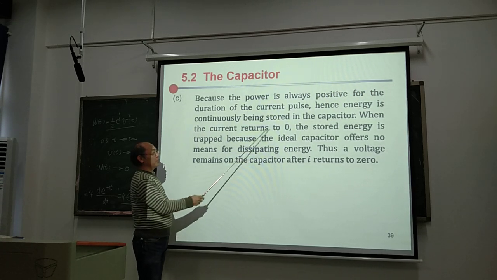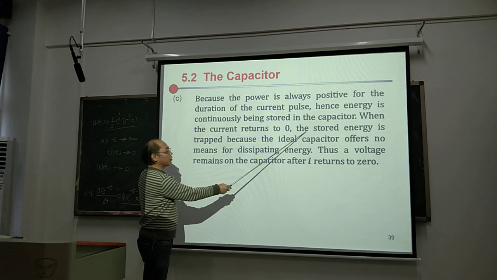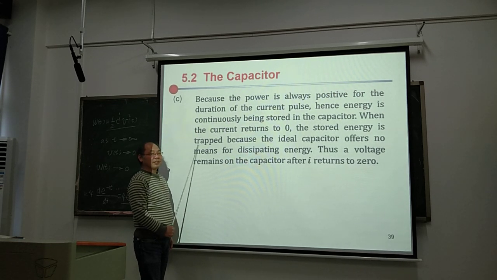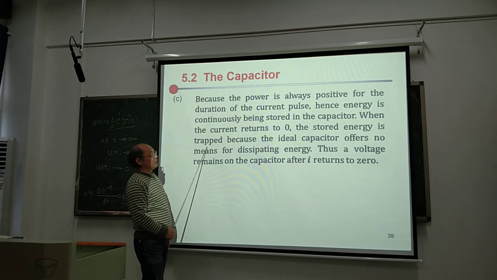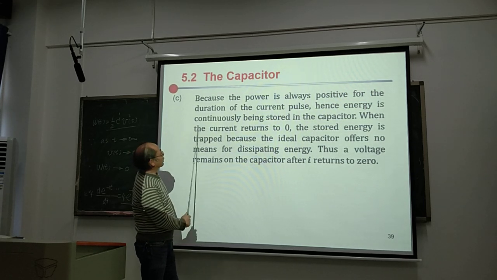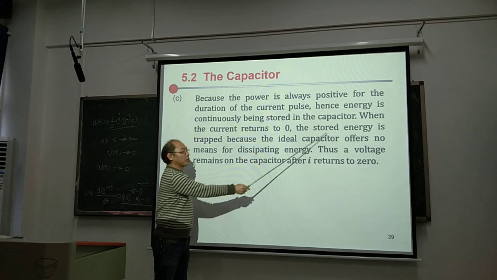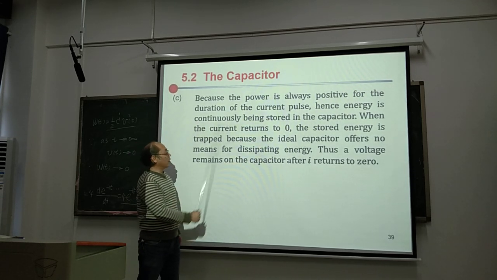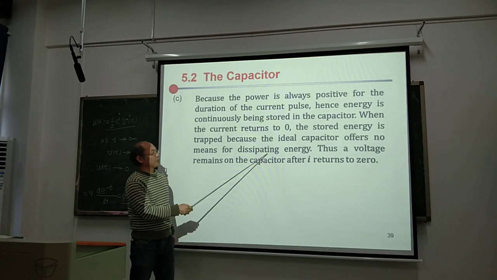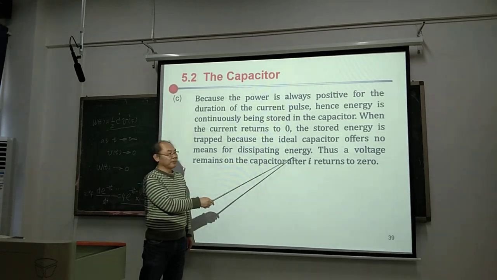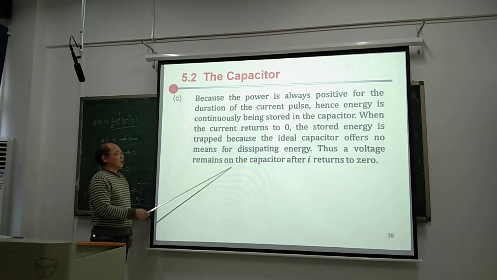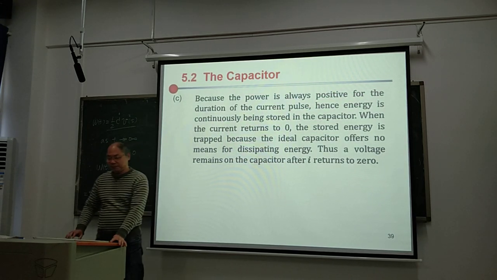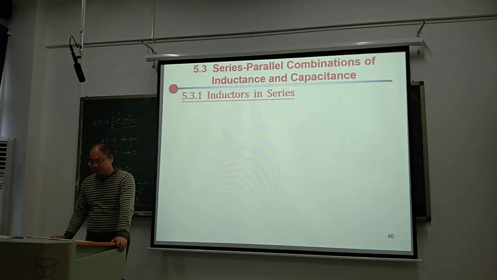When the current returns to zero, the stored energy is trapped, because the ideal capacitor has no means of dissipating energy. Thus, the voltage remains on the capacitor after I returns to zero.